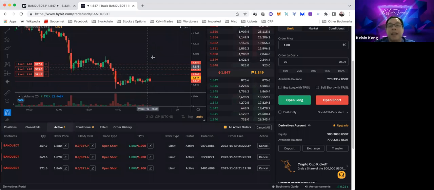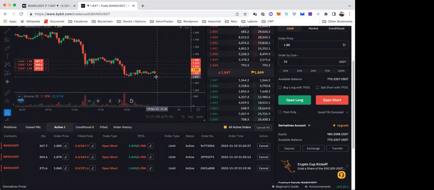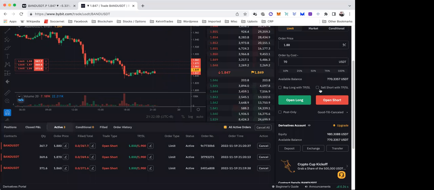Or 1.89, then comes back down. So obviously we want our entries to be as high as possible if we are shorting. Okay, I understand now. Thank you. For those of you who don't understand, I hope you understand now why we ladder in. Can you all do this now? Yes, done.